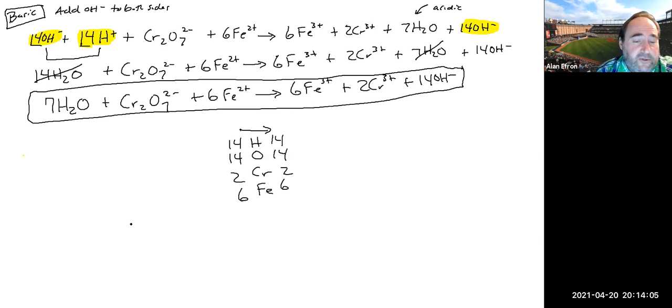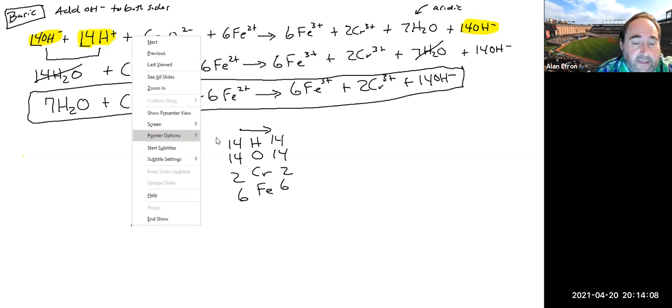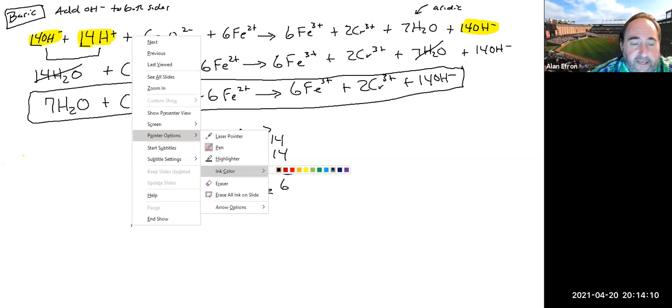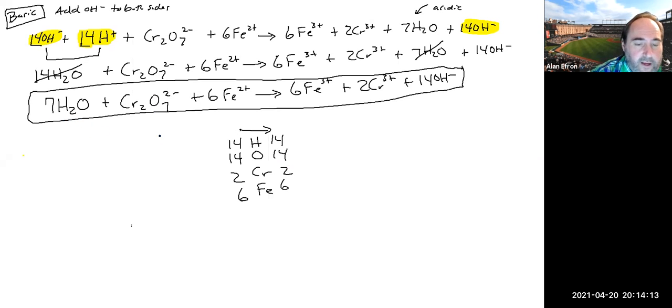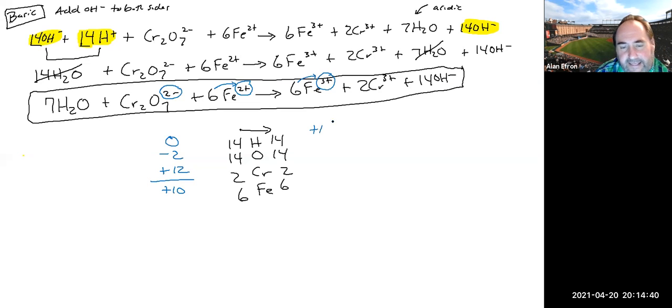We also want to make sure, like we did previously, that the charge is okay on both sides. Overall charge for the water on the left is 0. Overall charge for the dichromate is -2. Overall charge for our iron 2 is 12 plus by multiplying that. Gives us a grand total of +10 if I didn't mess that up. On the right-hand side for the iron, we have 3 and 6 is +18.